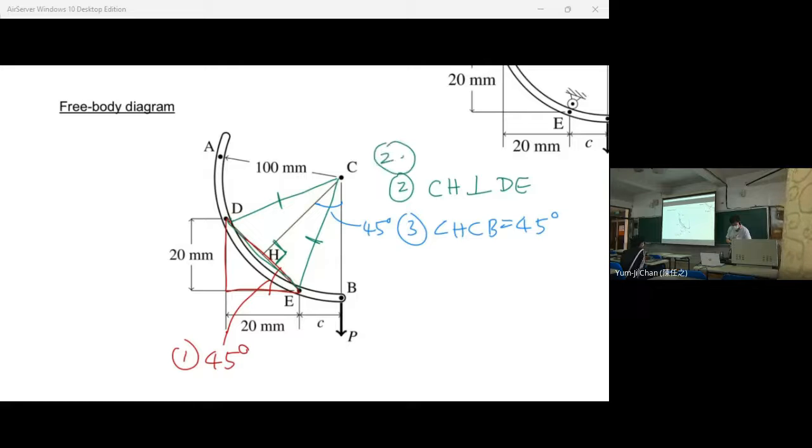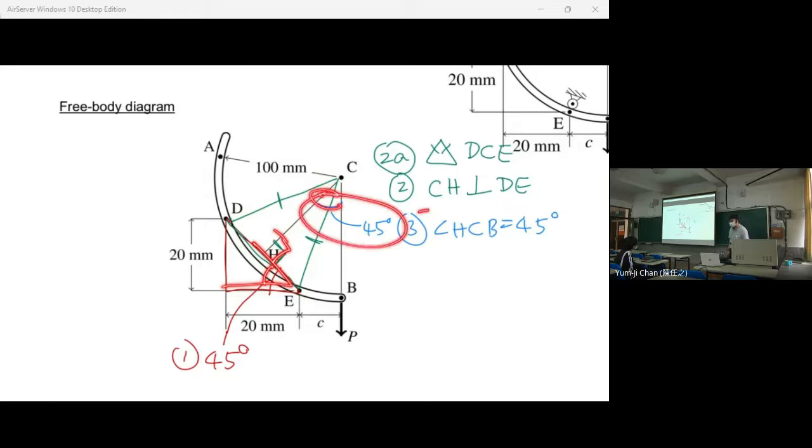We have isosceles triangle DCE, and from this isosceles triangle we put a line CH, and CH is perpendicular to DE. So we have 45 degrees here, 90 degrees here, so this one is 45 degrees. A bit complex, but I hope you accept this.